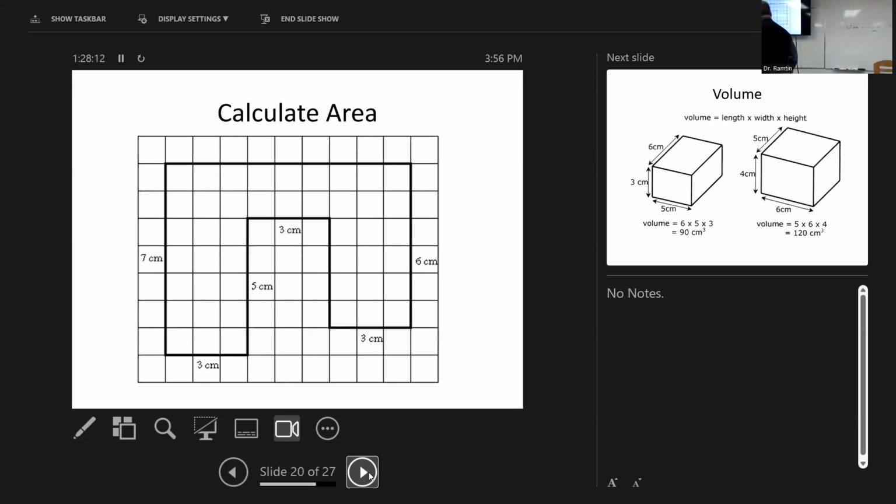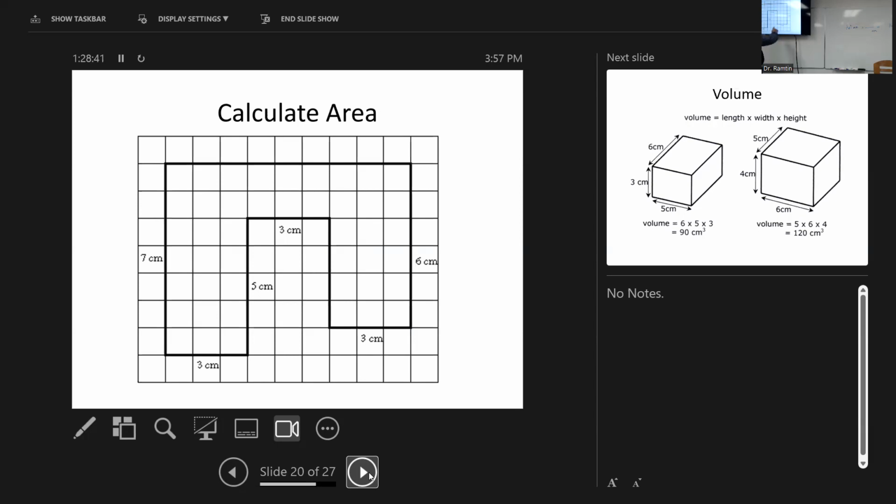You may have complex shapes. So if you have that, what should you do? Divide it into areas. For example, I know this side is 3 centimeters and this side is 5 centimeters, so I can measure that area. Area is 15. Then I want to calculate that top part.